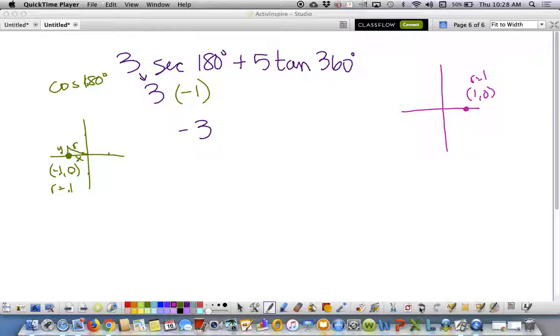What is tangent if you need to look at a triangle? x, y, and r. It's y over x. So it's y over x, which is 0 over 1, which is 0. So what's 5 times 0? Your answer is, please don't say negative, your answer is -3.